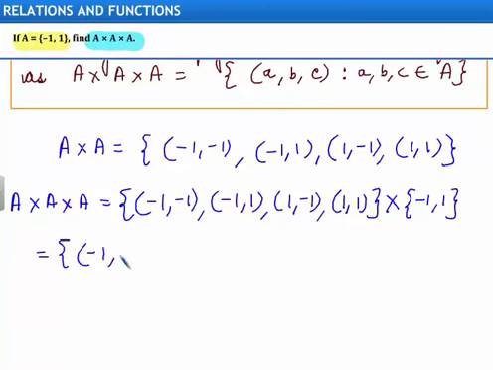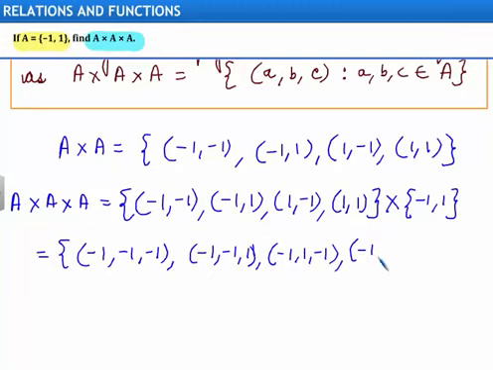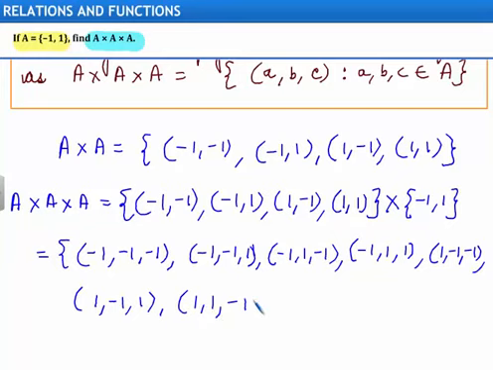This will be equal to (-1, -1, -1). Then we will have (-1, -1, 1). Then (-1, 1, -1). And then (-1, 1, 1). And then (1, -1, -1). And then we will have (1, -1, 1). And then (1, 1, -1).